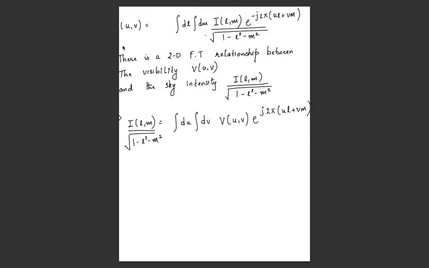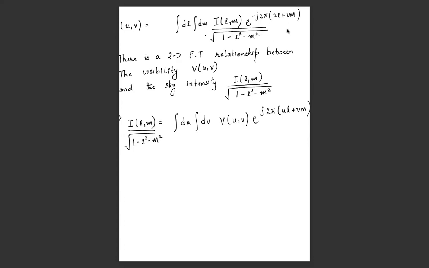So we basically get the relationship we are looking for. Sorry, the notes have been cut out here for some reason. The visibility V of u comma v is now given by the double integral over L and M, which comes from the integral over all solid angles of the sky intensity distribution, multiplied by this complex exponential, which looks like a two-dimensional Fourier transform.